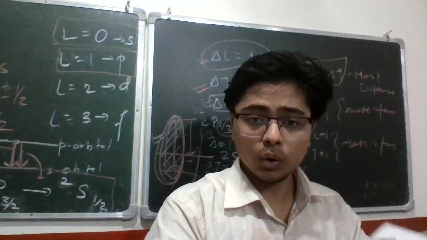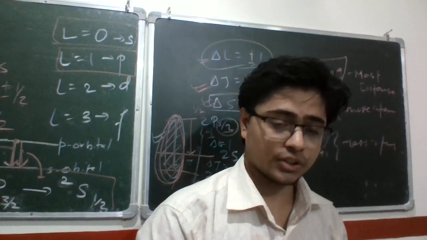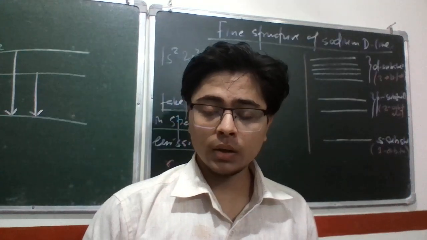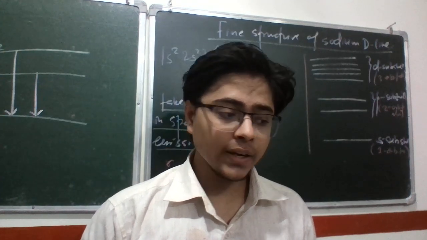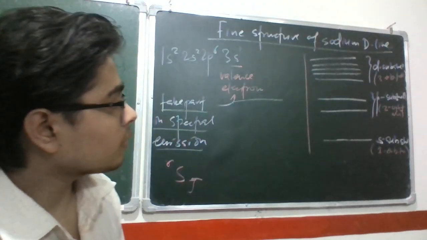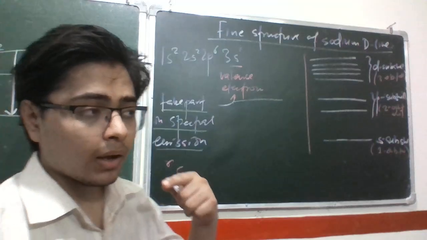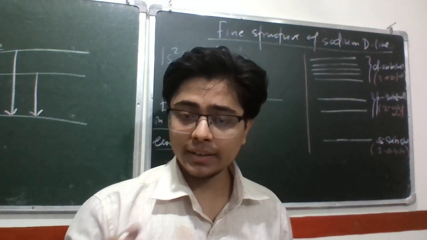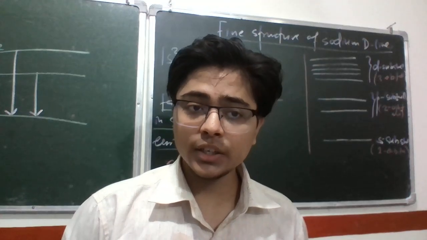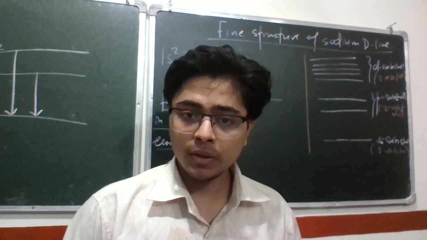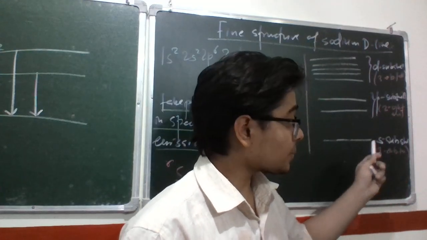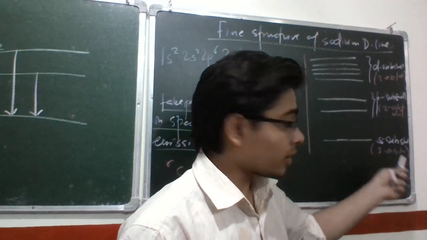Now let's directly go into the fine structures of sodium D lines. So you should be very clear about one thing here. I realized that I have been using the word subshell and orbital interchangeably and that is wrong, because for s subshell, we have one orbital.